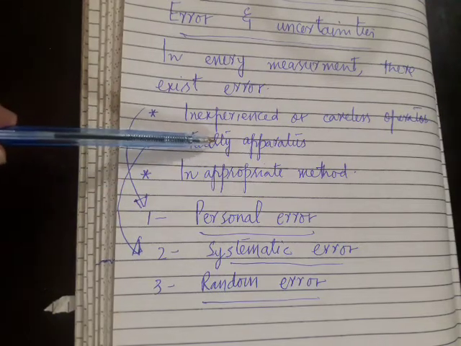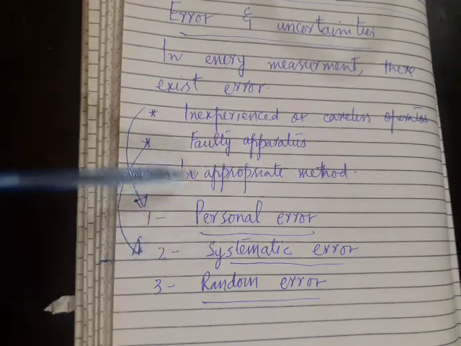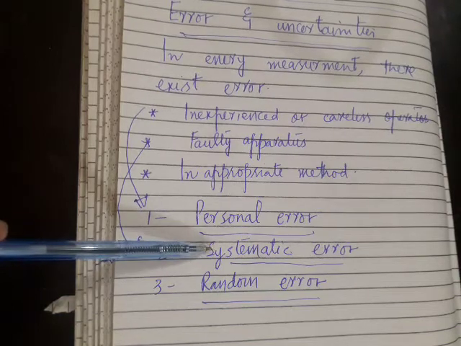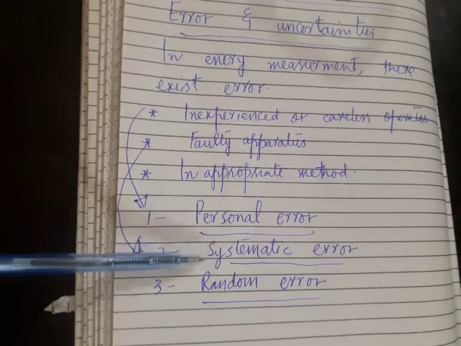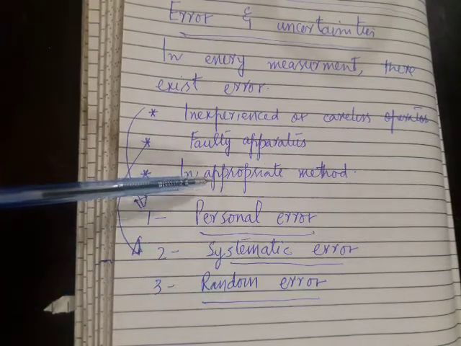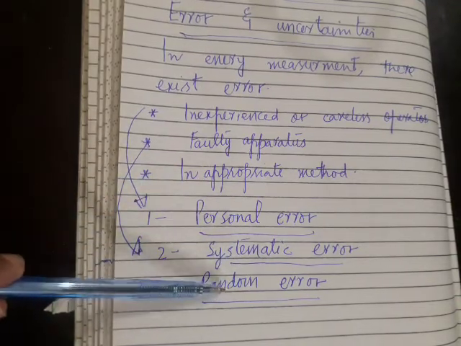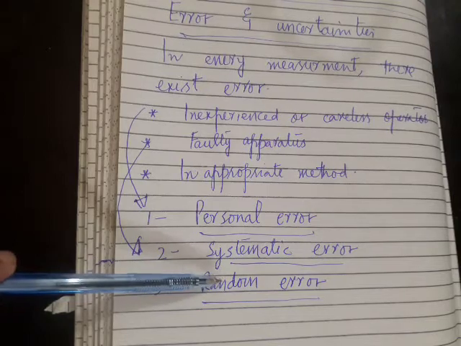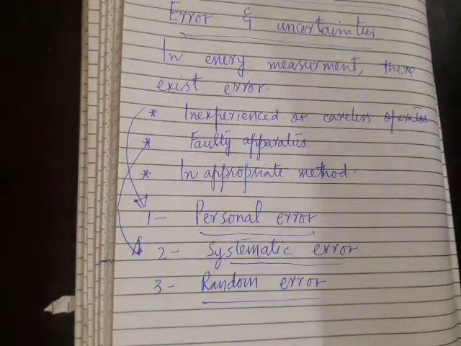From the second condition, we have another type of error, that is systematic error, and from the third, that is inappropriate method, we have a third type of error, that is random error.